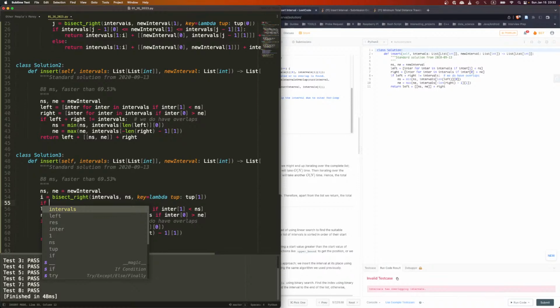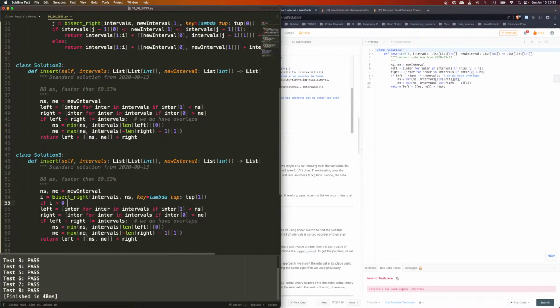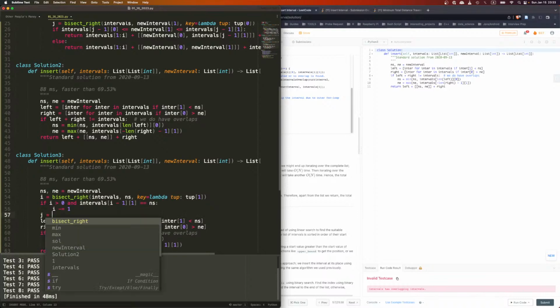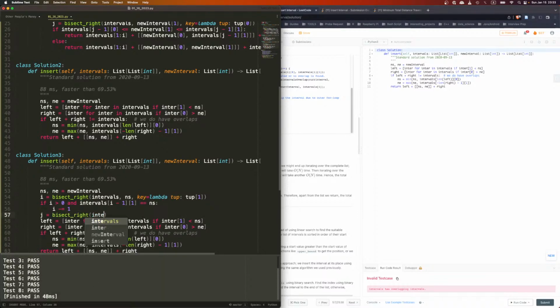So it will be if i is larger than 0 and intervals i minus 1 1 is equal to ns, i minus equals 1. Right, we need to move it forward. Then j equals bisect right, intervals, and e, key equals lambda tuple, we use tuple 0.